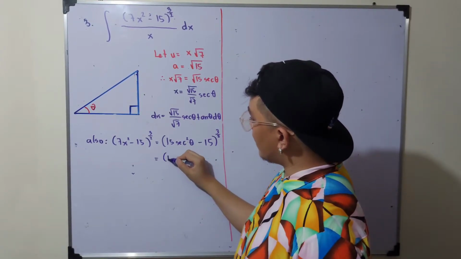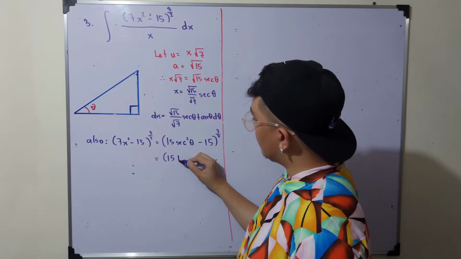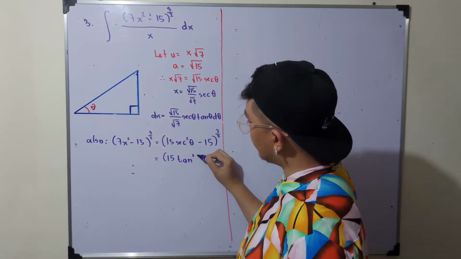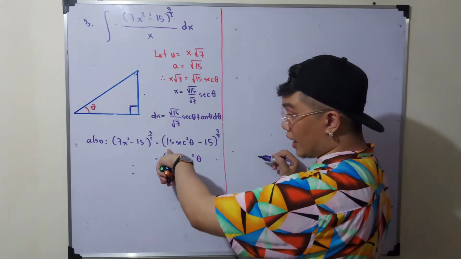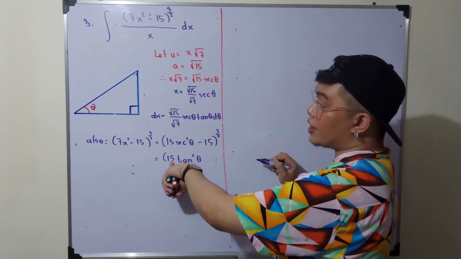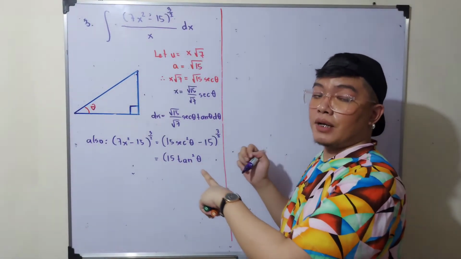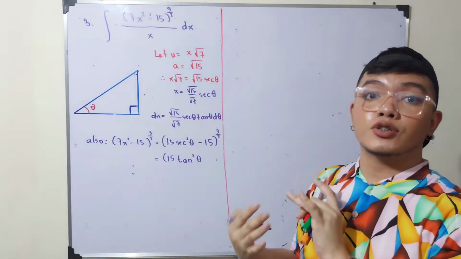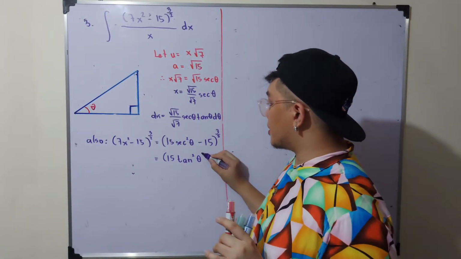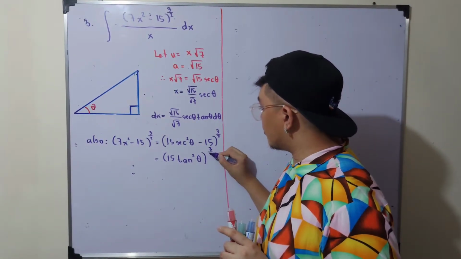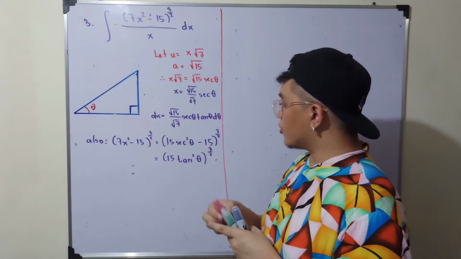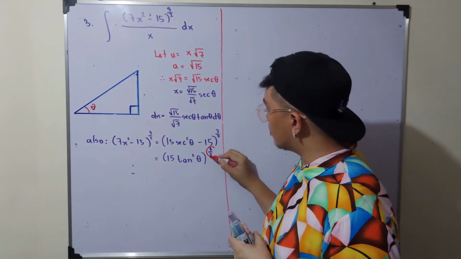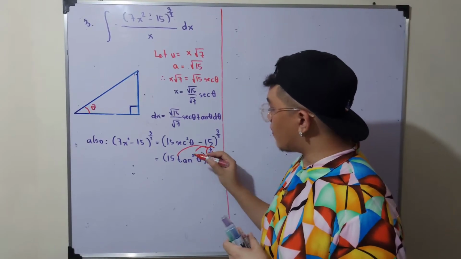Okay, factoring, we have 15 tangent squared theta. So, same sila eh. So, ito yung common factor. Tapos, nilagay natin yung equivalent ng secant squared theta minus 1, which is tangent squared. And then, raised to 3 over 2. So, itong 3 over 2 na to, i-distribute natin dun sa dalawa.